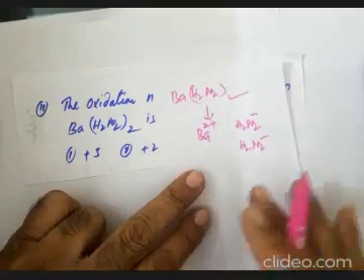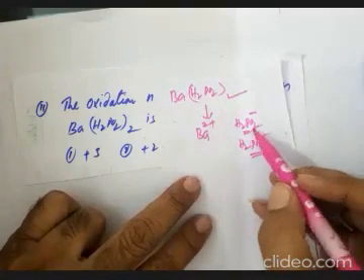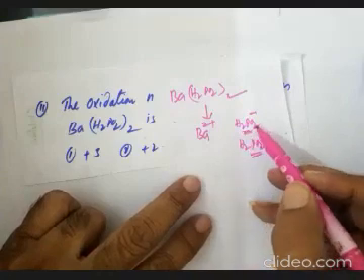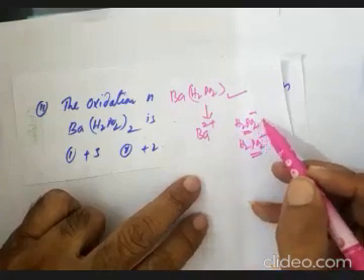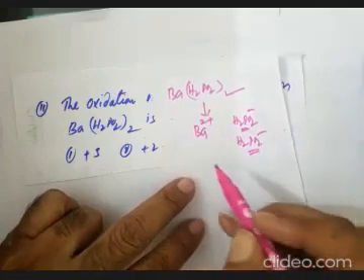Like this also you can calculate phosphorus oxidation number. So what will you get? +2 plus 2x plus 4 is equal to... x plus 2 plus... answer is +1.